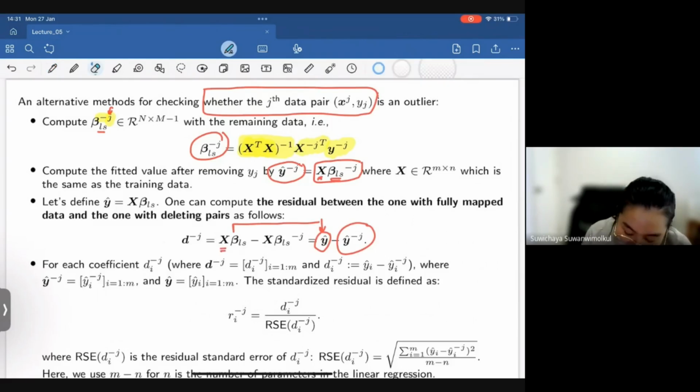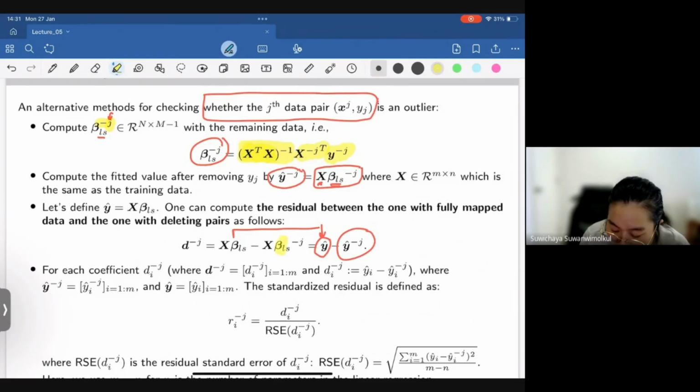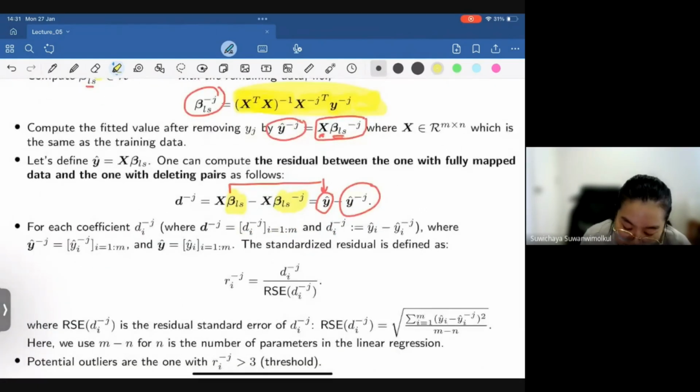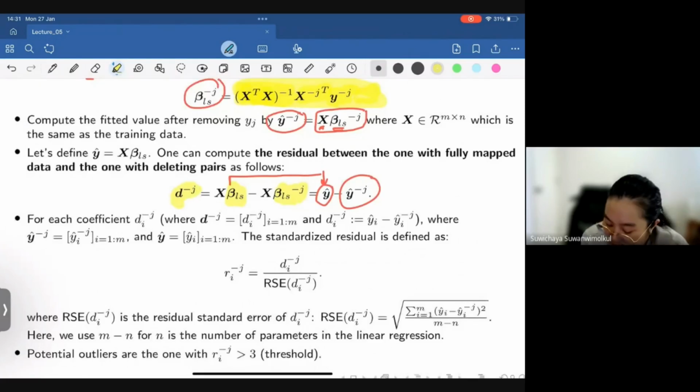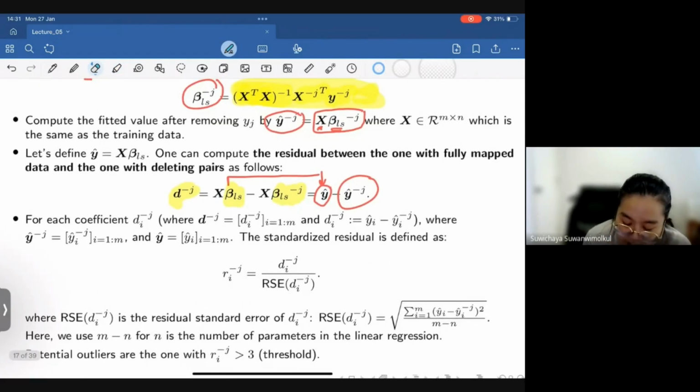And please notice that when we say we are removing the j sample in the training, it only impacts the beta LS that we get from the least squares solution, that is this equation. And we get the residual, which may be denoted as the vector d superscript minus j.